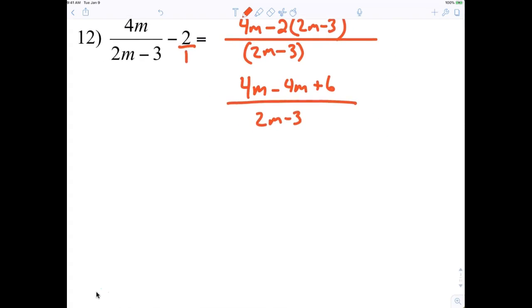Final answer. And then you can combine the terms, and they cancel out, so it's 6 over 2m. Perfect. 6 over 2m minus 3.